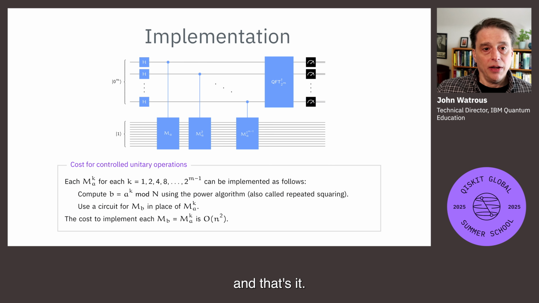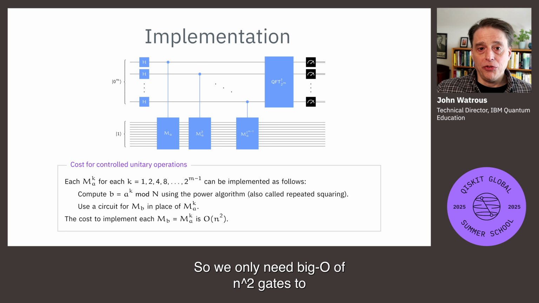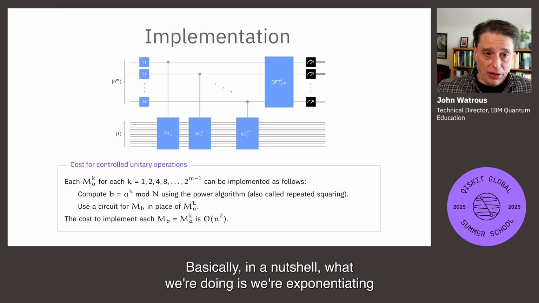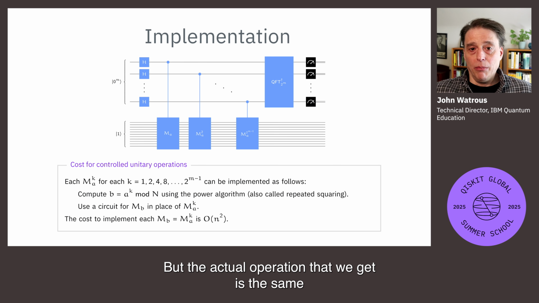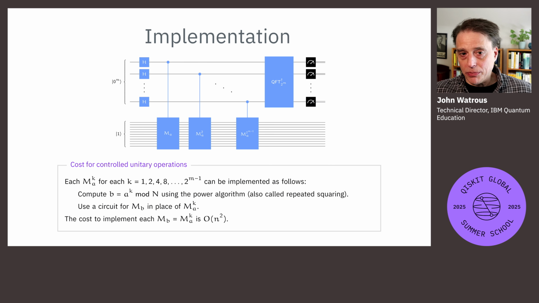And that's it. b is just some number between 1 and N minus 1 that has GCD equal to 1 with N. So we only need big O of little n squared gates to implement MB. Basically, in a nutshell, what we're doing is we're exponentiating with a classical computation rather than iterating a quantum circuit. But the actual operation that we get is the same either way. It's just multiplication by a, k times.